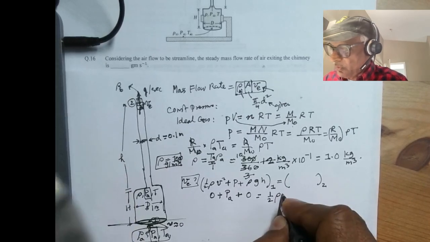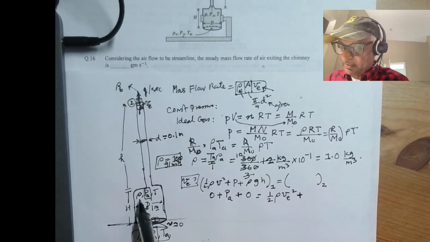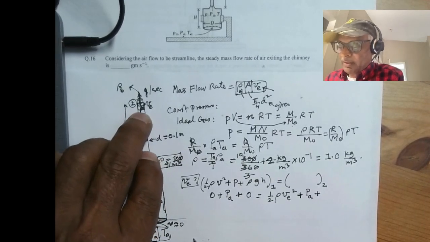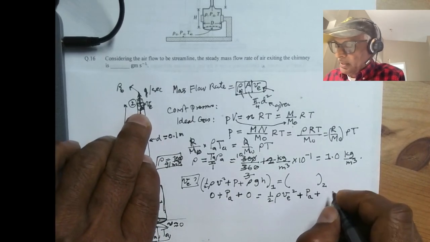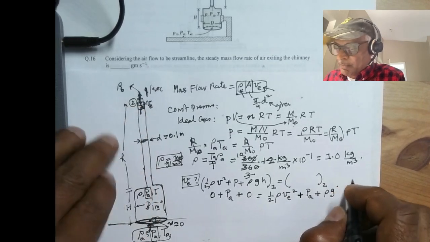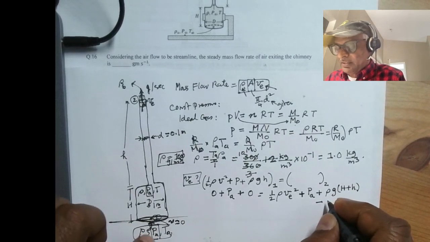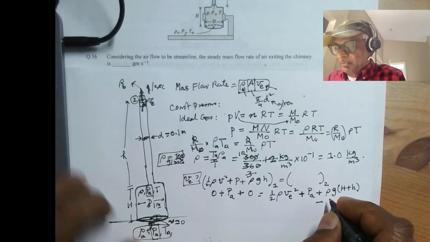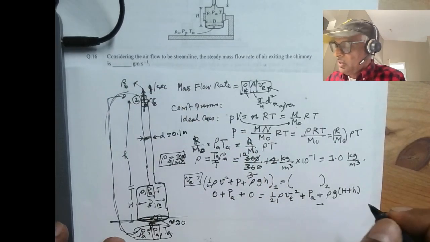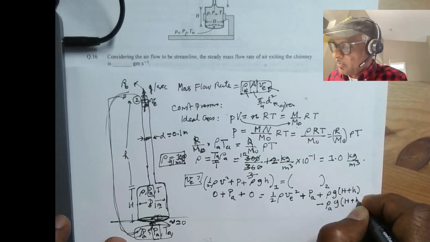So half rho v squared plus p, the pressure there is P_A, then we have rho g (h plus H), but I better subtract the potential energy by taking this guy out here, so this is getting lost by bringing it down here: minus rho_A g (h plus H).